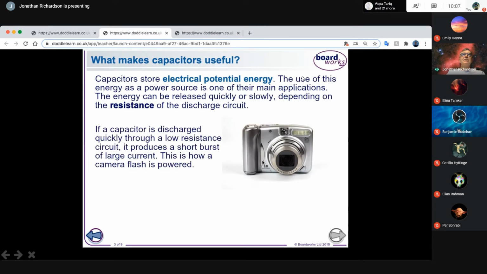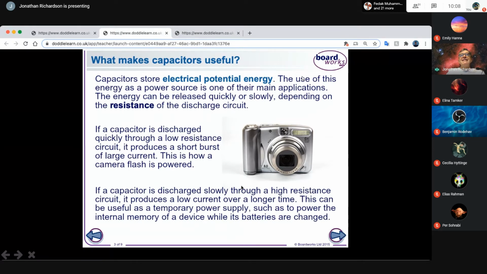So if the capacitor is discharged quickly through a low resistance circuit, it produces a short burst but of large current. And that's how the camera flash is powered. So you have this battery control, charge up the flash. When you press the shutter release, the flash goes off immediately and lights up your subject, so you get a wonderful photograph.